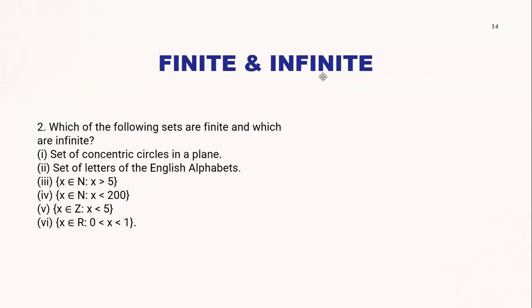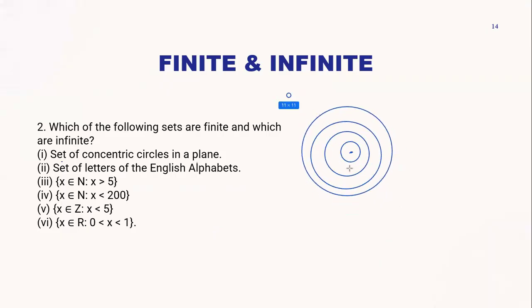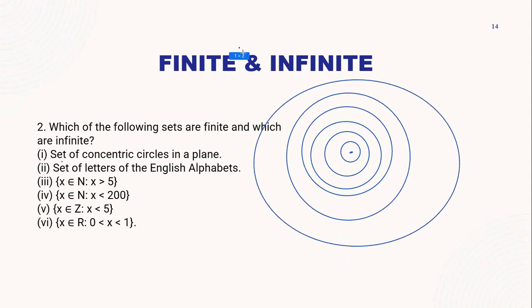Once more, finite and infinite set. First of all, pause the video and try to do it on your side. Are you getting finite or infinite? Set of concentric circles in a plane. Concentric circles are those circles which have the same center. So like this, here we can have infinite circles.